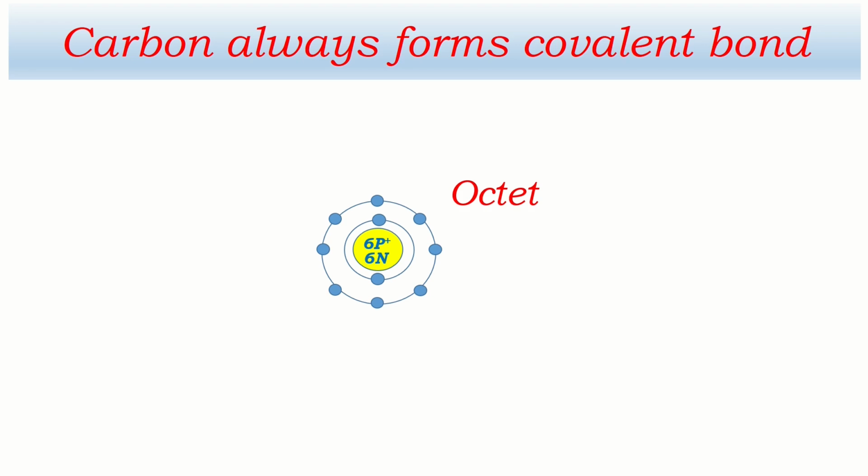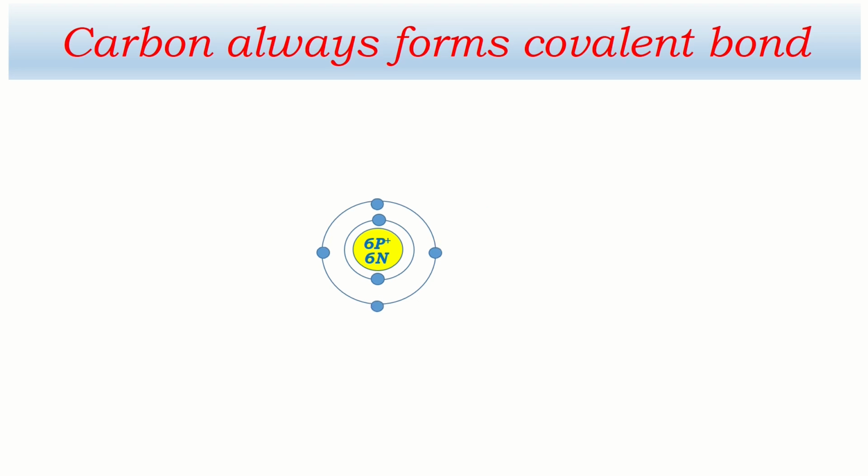But this is not possible because here we have only 6 protons and the attraction of 6 protons cannot hold 10 electrons in its orbit. The attraction becomes very weak, and gaining 4 electrons to form an octet is not possible for carbon. Now let's talk about the loss of electrons.